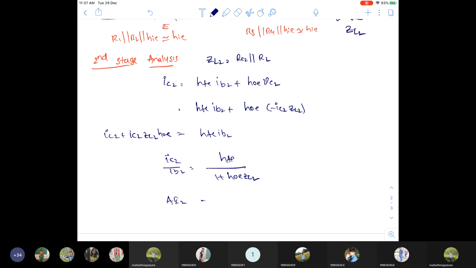Therefore AI2 equals minus IC2 by IB2, that is minus HFE by 1 plus HOE ZL2. This analysis is the same as for the single stage CE amplifier.